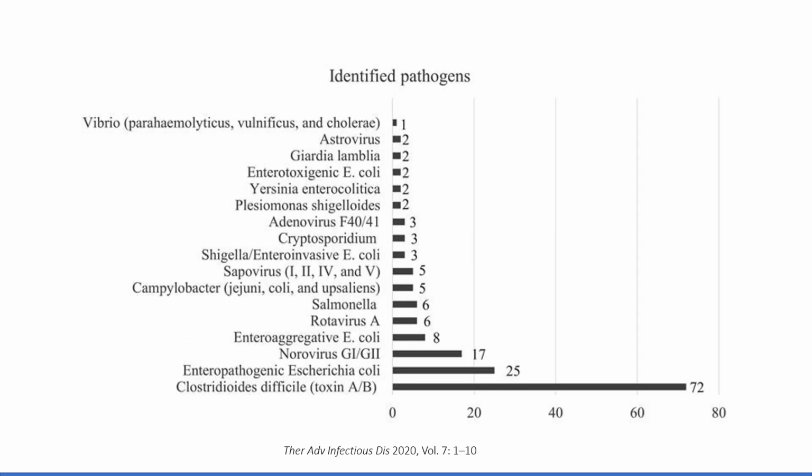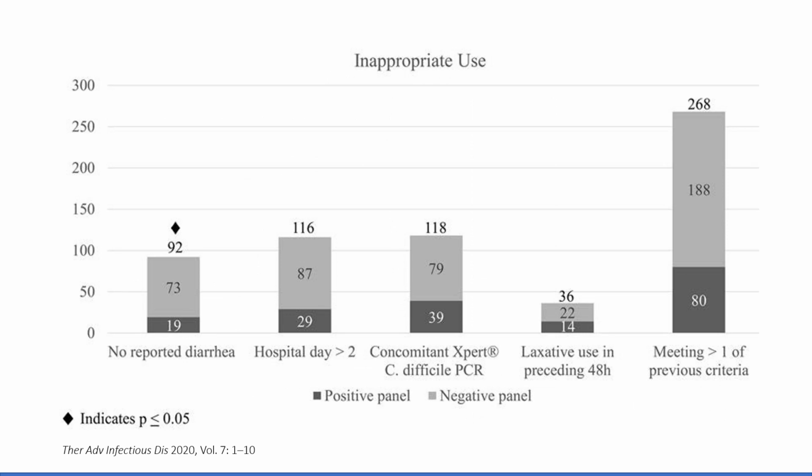The identified pathogens from the GI panel include Vibrio, Astrovirus, Giardia, Yersinia, Pseudomonas, Adenovirus, and others. Most common is the Clostridium difficile toxin, followed by E. coli, norovirus, and enteroaggregative E. coli. But inappropriate use is a challenge for the molecular test.